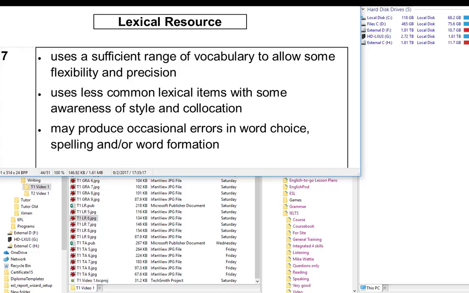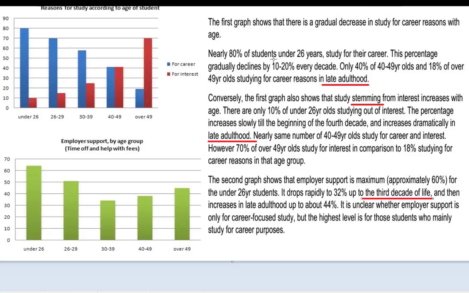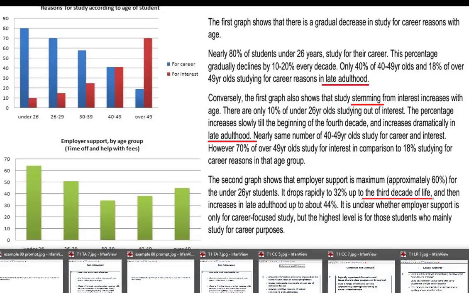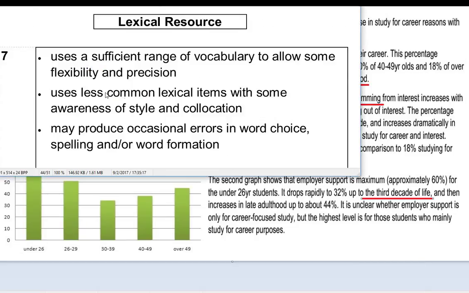Less common lexical items. Well, you know, when you're describing data, it's difficult to use words that can be described as we see here, less common lexical items. Because there are standard words that we always use.